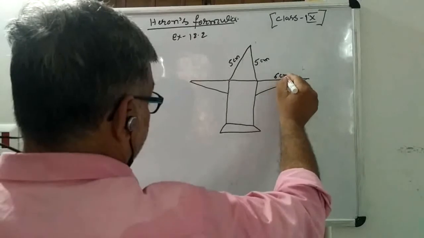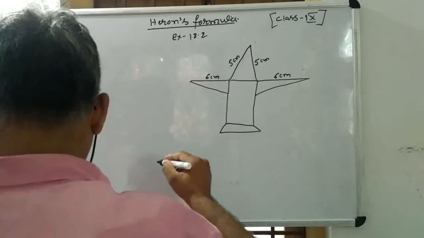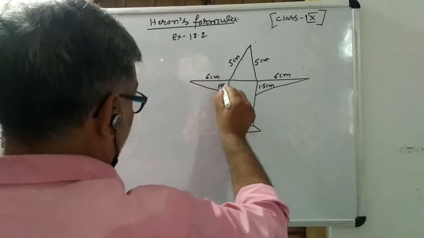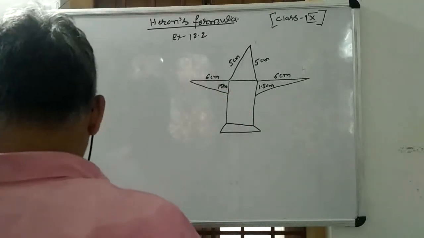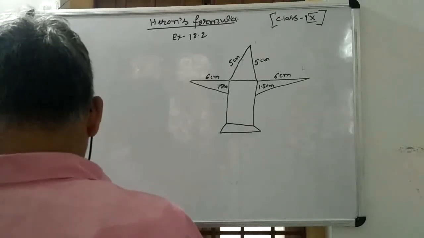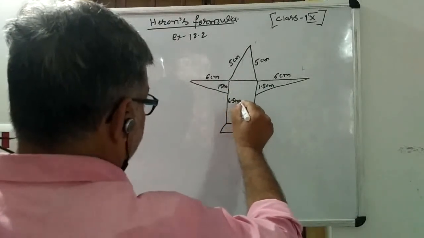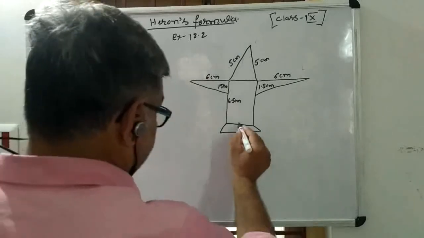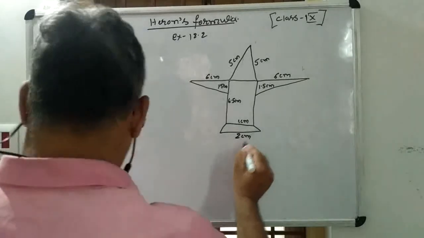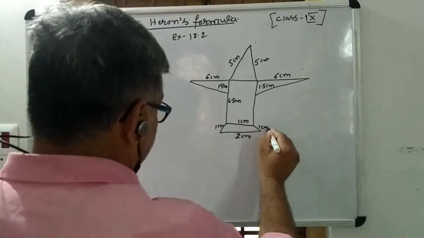This is 6 centimeter, it means this is also 6 centimeter. This is 1.5 centimeter, it means it is also 1.5 centimeter. And this is 6.5 centimeter, this is 6.5 centimeter. And this is 1 centimeter, and this is 2 centimeter, and this is 1 centimeter, and this is 1 centimeter.